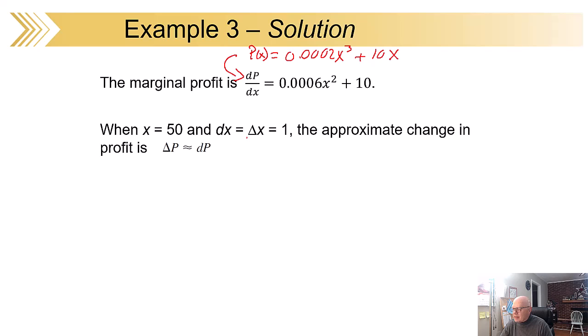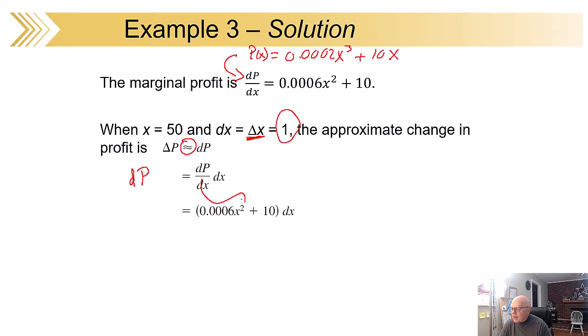That's a difference of one item. So what is the approximate change in profit? Well, it's going to be approximately dp. Well, dp dx times dx is dp.